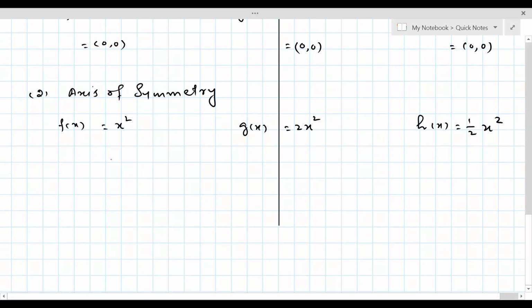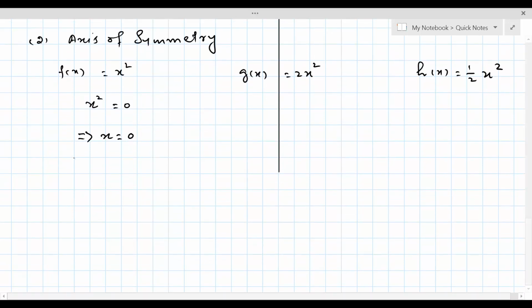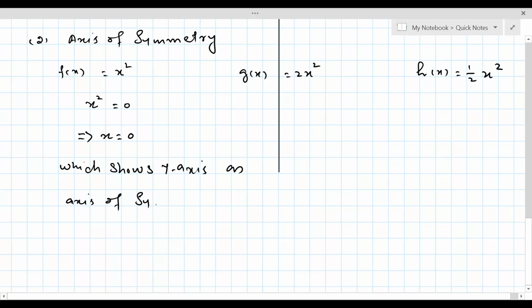Here the square term is x square equal to 0. So this means x equal to 0, which is the equation for the y-axis, which shows the y-axis as the axis of symmetry, which is also called the axis of the parabola.